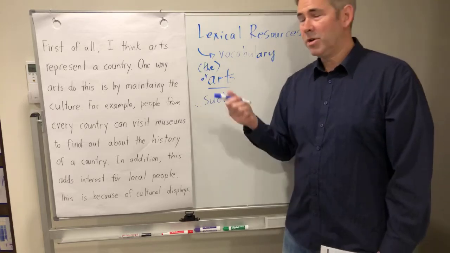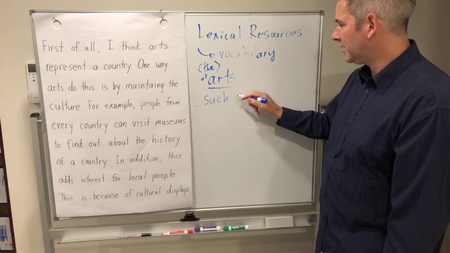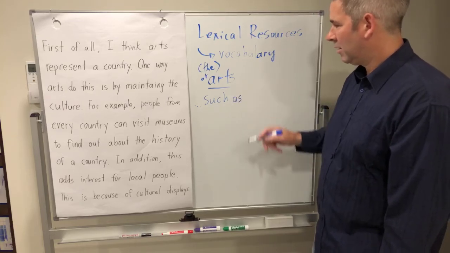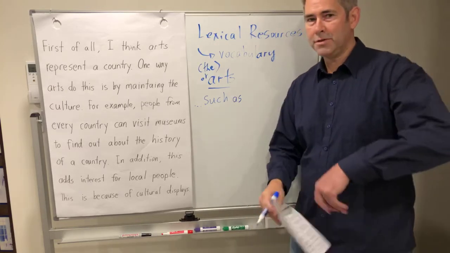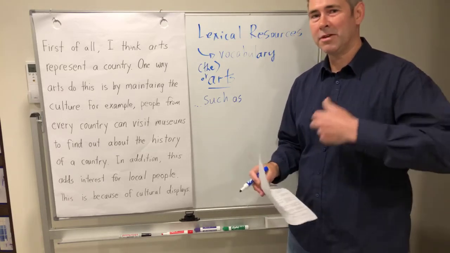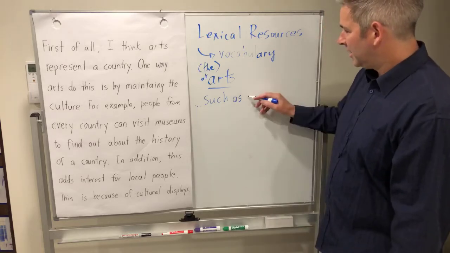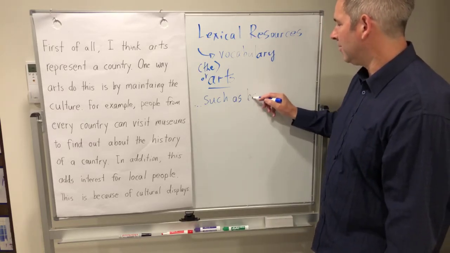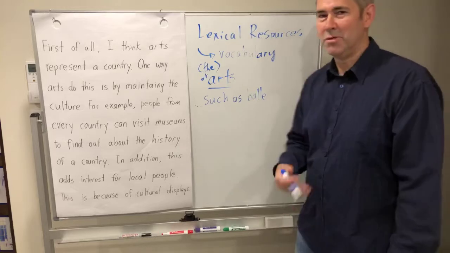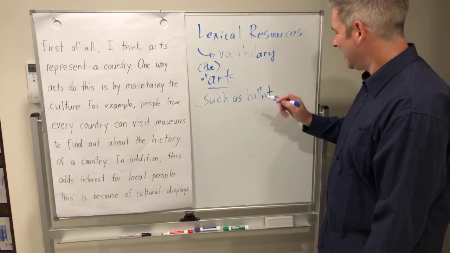Now, actually I would like to see this in the introduction paragraph. So the arts such as, and here you can use a wider range of vocabulary. Again, show off to the examiner, look, I know exactly what the arts are, and here are some examples, such as ballet, which is something I clearly do not do, but anyway, ballet.